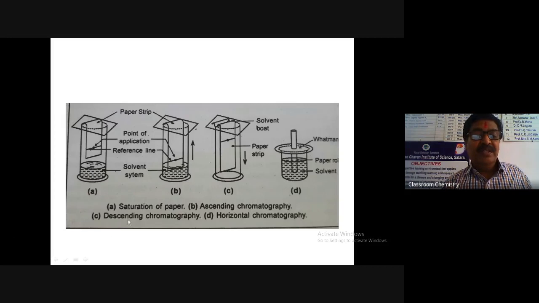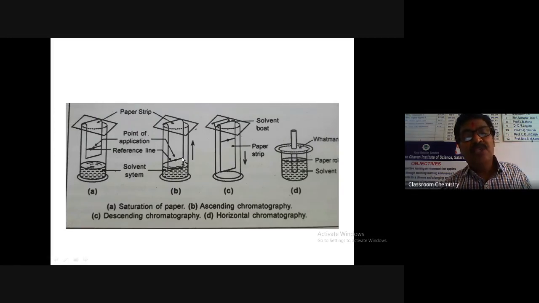chromatography. This is the saturation of paper. You are keeping the paper in a jar which contains the solvent. It is known as the saturation of paper. The paper is hanged or dipped in the solvent, in which this is the reference line. Take care that the reference line should not dip in the solvent.